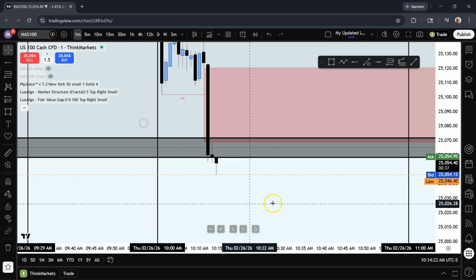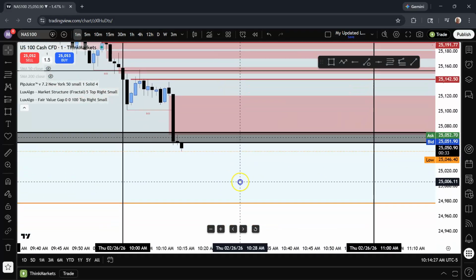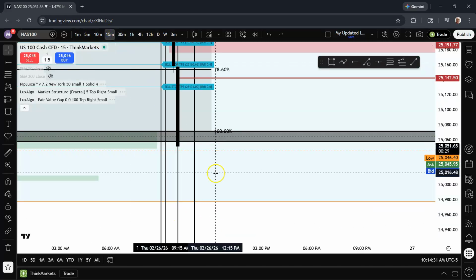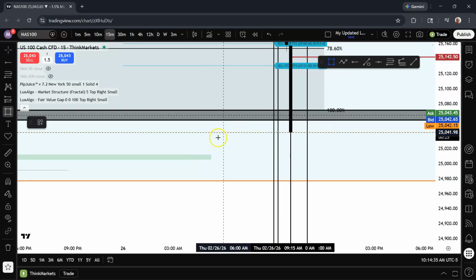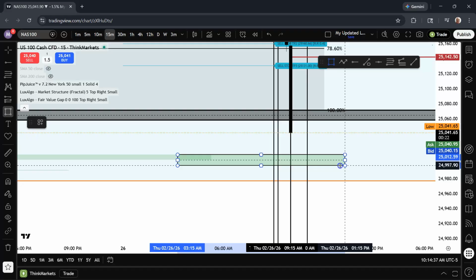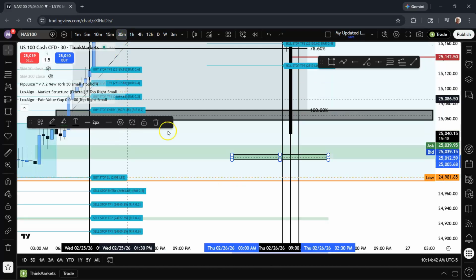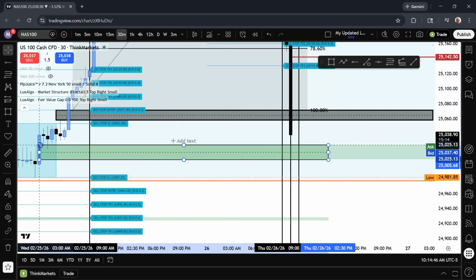So next stop in its journey, it's this fair value gap right here. Look left and you'll see what that is. It's this area right here.